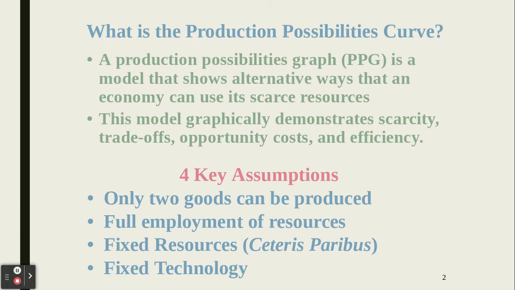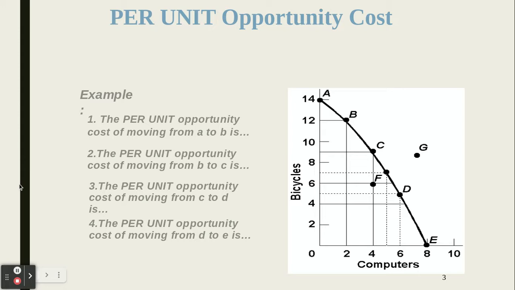They're not changing. If one of those things does change, then, like I was saying, we have a new graph, and that's when we'll get to where we shift the curve left and right a little bit later on in this presentation.